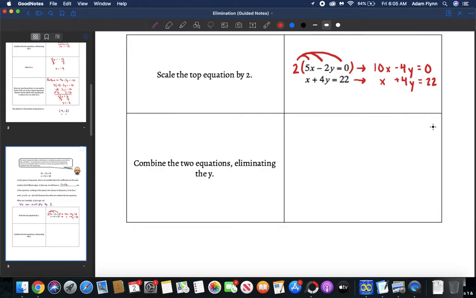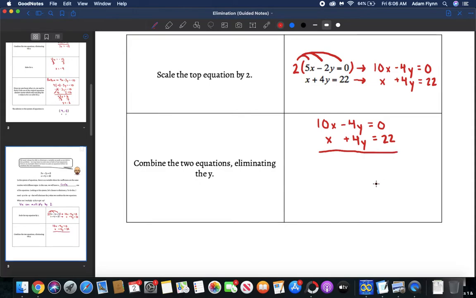Okay, so we need to combine these two equations. This is awfully similar to our first example where we have something that automatically eliminates now. So let me rewrite these. So I've got 10x minus 4y equals 0, and x plus 4y equals 22.